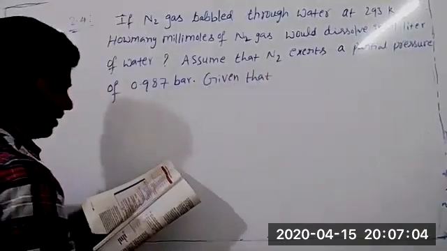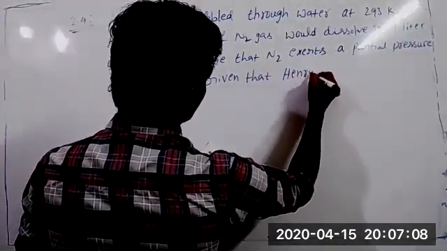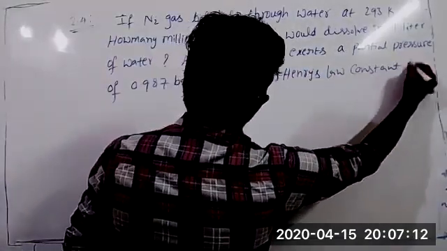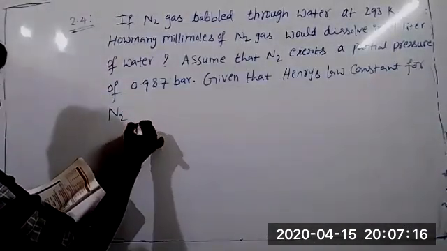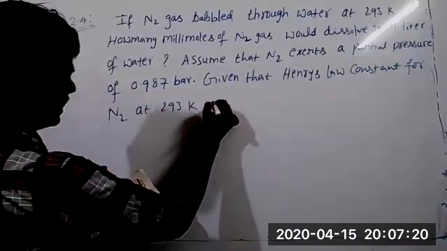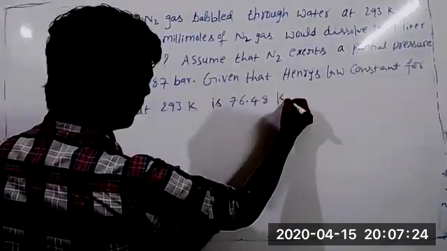Given that Henry's law constant for N2 at 293 Kelvin is 76.48 kilobar.